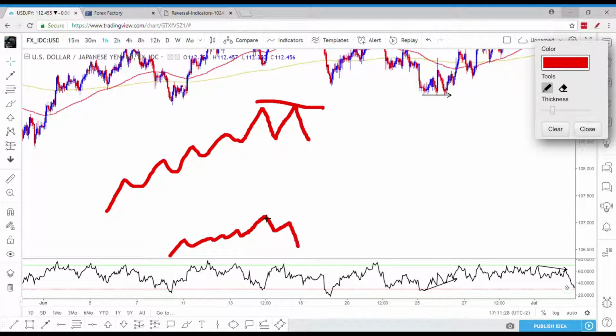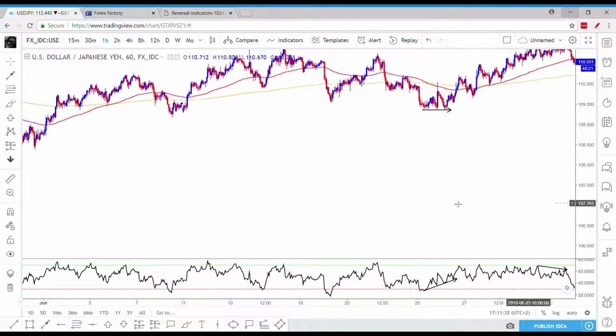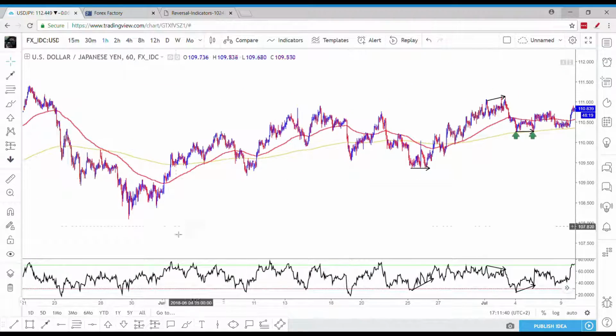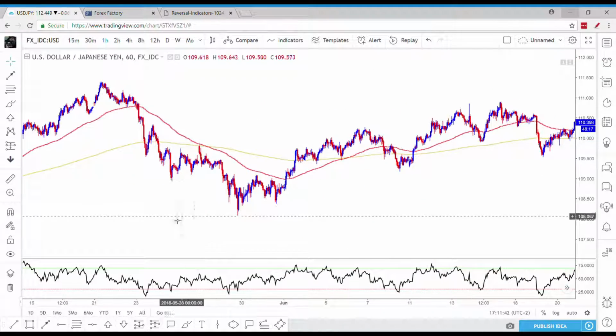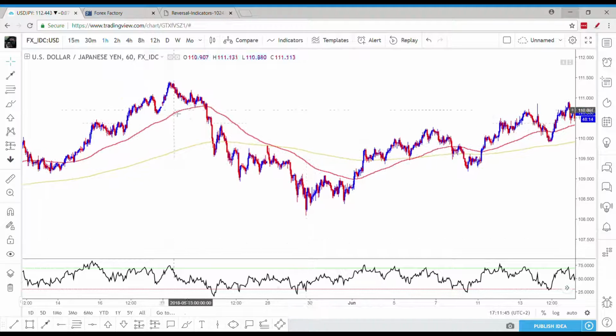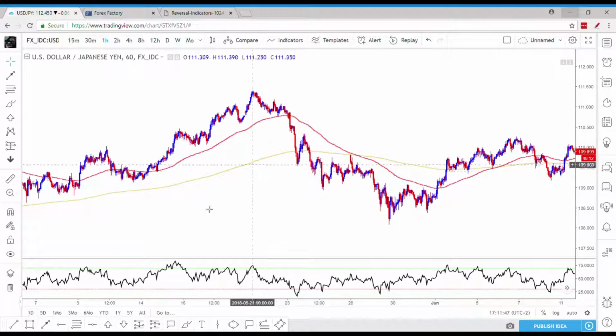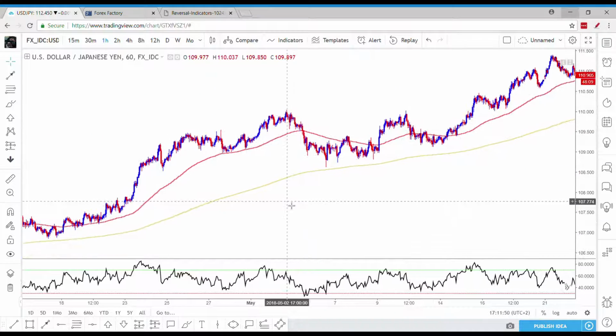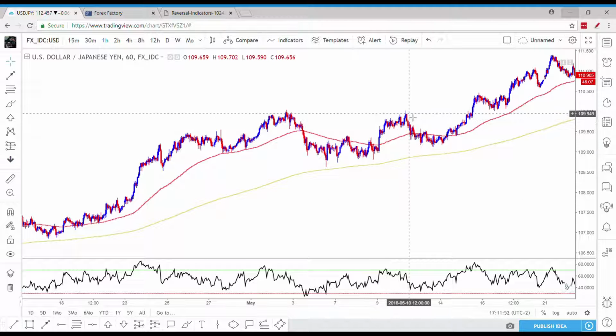So double top with bearish divergence. Double top suggests reversal plus there's a bearish divergence. So yeah, bearish divergence is a great tool to suggest and predict a reversal. And yeah, you basically see it all the time on nearly every reversal. Here again goes higher, the RSI is lower.